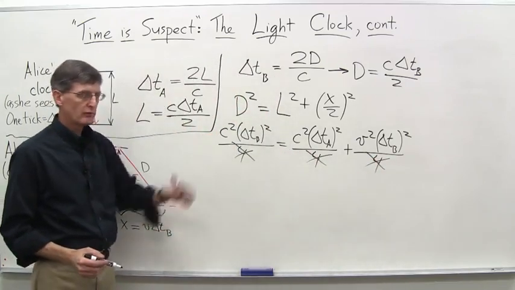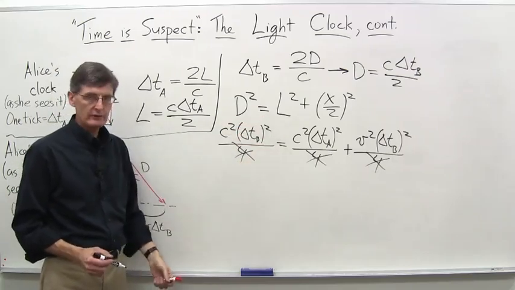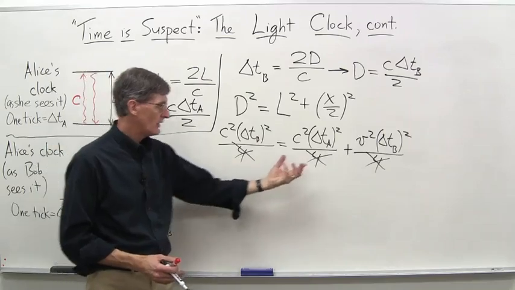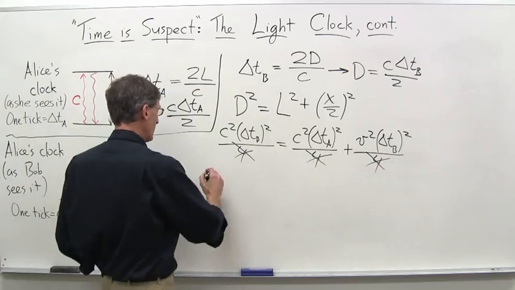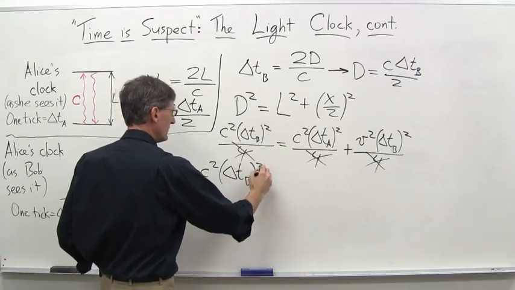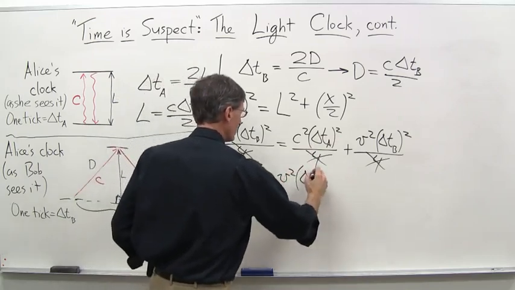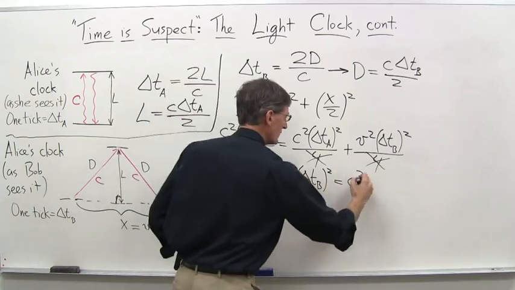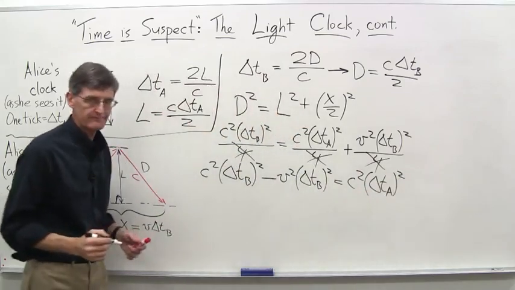And I'm just left with c squared delta TB squared equals c squared delta TA squared plus v squared delta TB squared. Let's bring all the delta TB squareds over on this side. So I'm going to take this term, subtract it from each side, bring it over here. So we'll write this as c squared delta TB squared minus that term, v squared delta TB squared equals c squared delta TA squared.